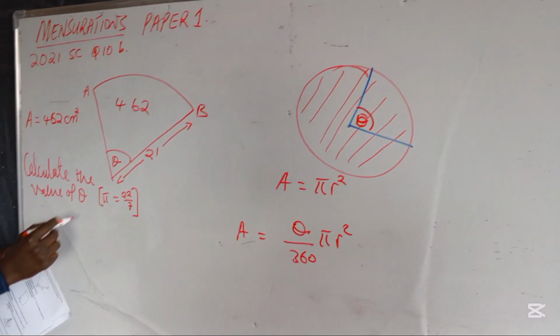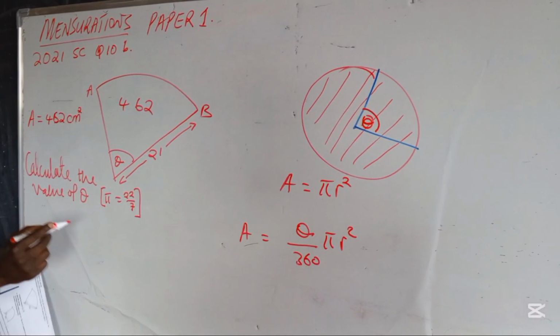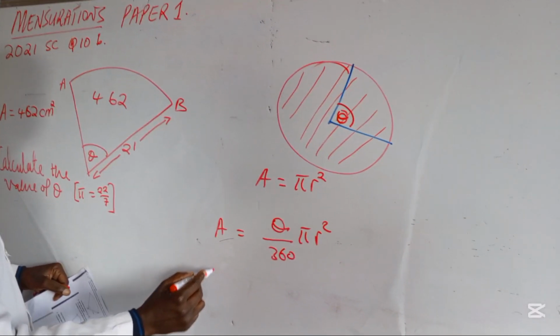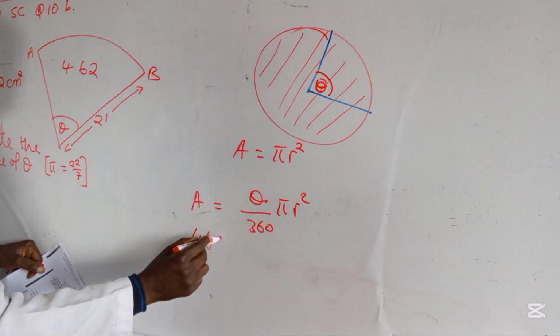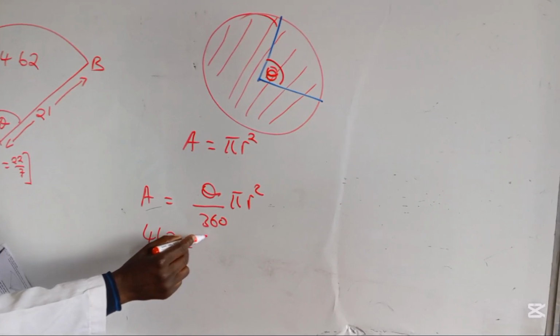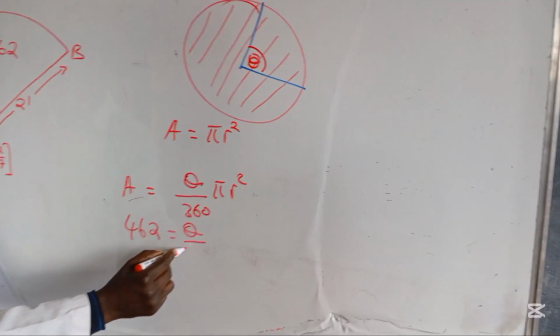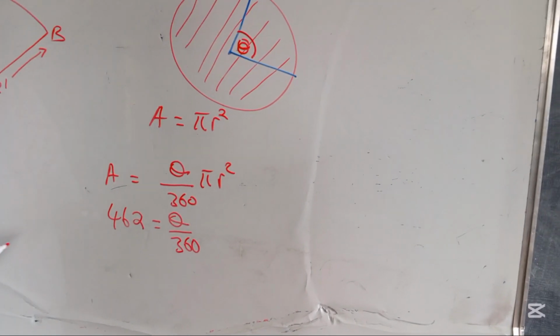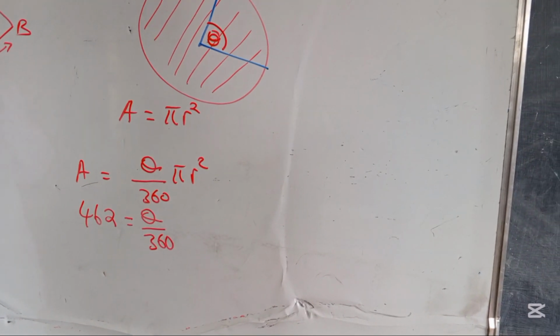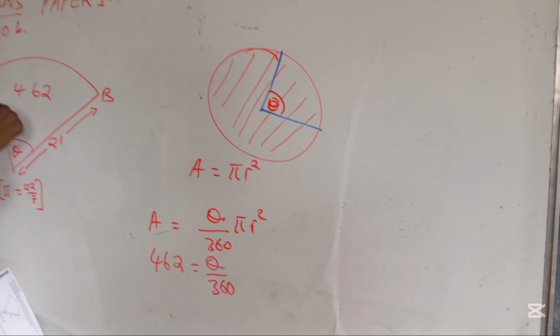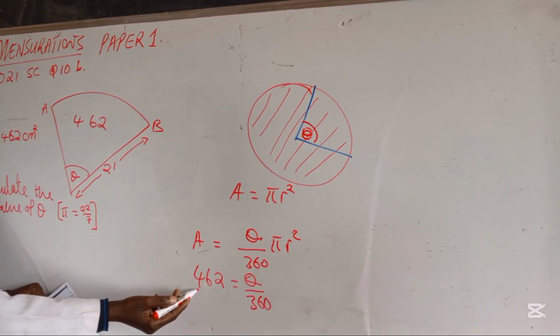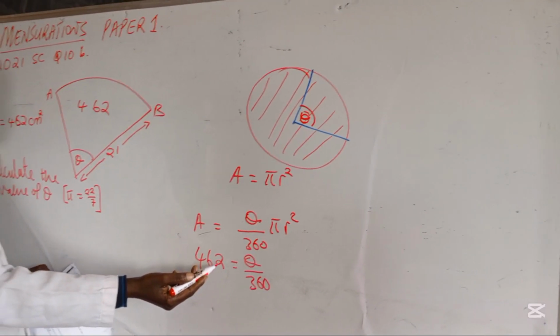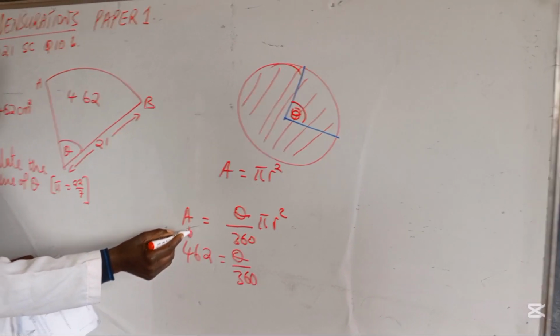Where there is this A, I'll put 462, and then I'll maintain my theta over 360. Somebody is going to ask me, sir, where have you gotten the area? The area is in the question, that the area of this sector is 462 centimeters squared. So this is my area.